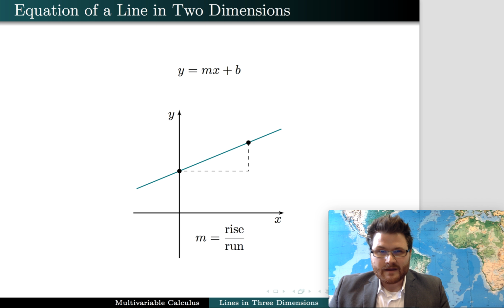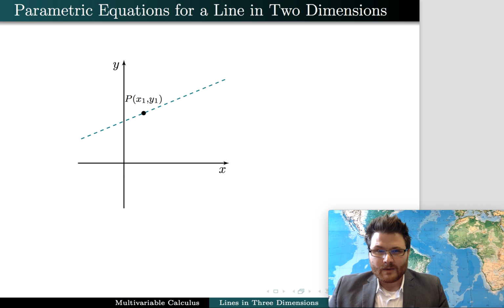And hopefully thinking about the slope-intercept form in those terms makes us think about vectors. And indeed, we can use vectors to come up with a different way to describe lines in the plane. If we've got some point on a line, say with coordinates x1, y1, we could just as well talk about a vector.